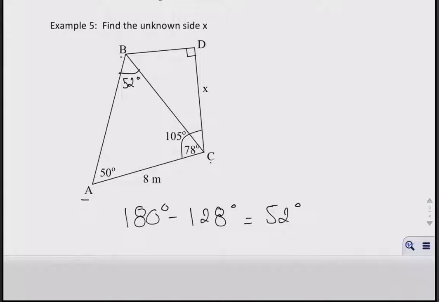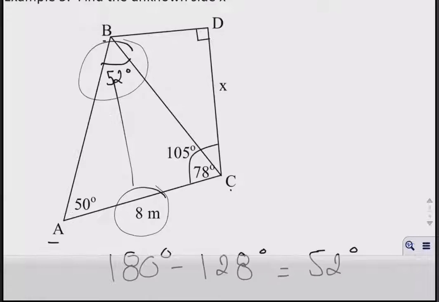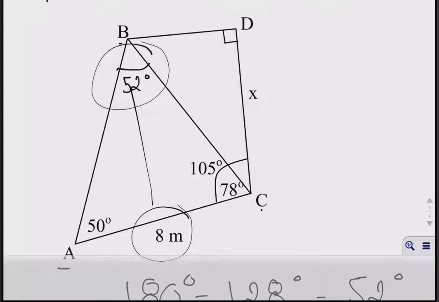Well, that sets us up very well for using the sine law. I have 52 and opposite side of 8. I'm trying to find something relative to the right angle triangle.